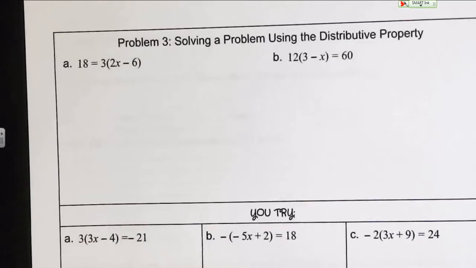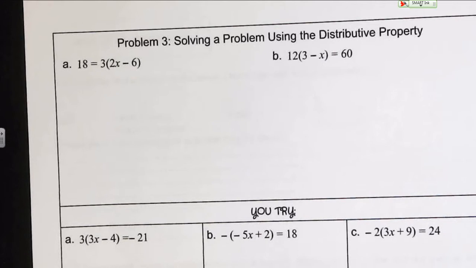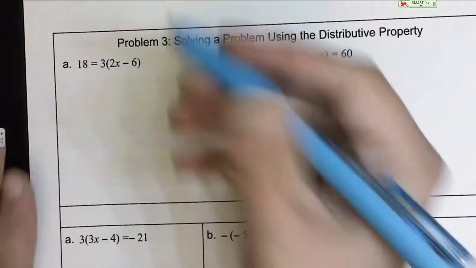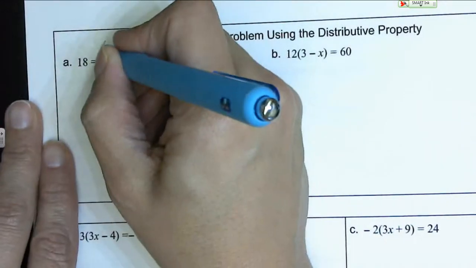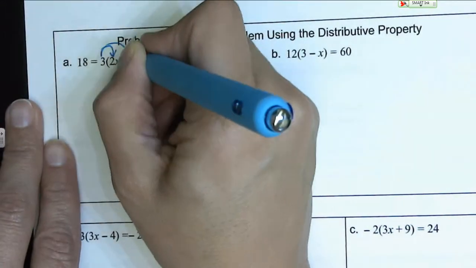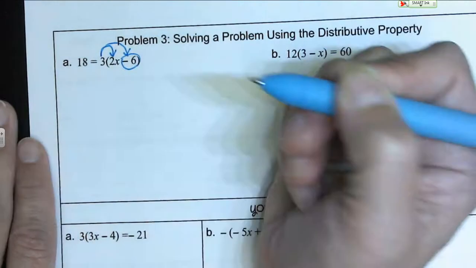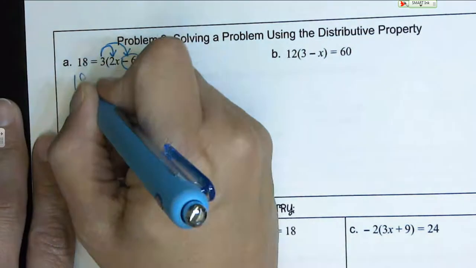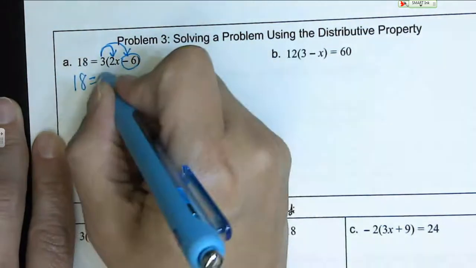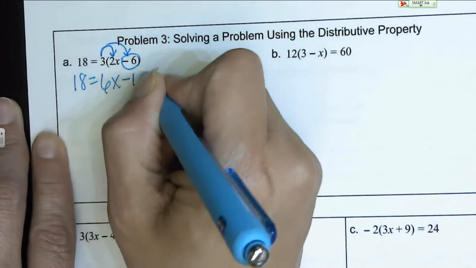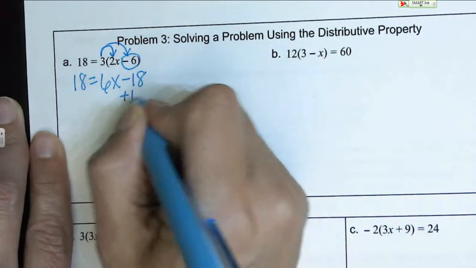So we have 18 equals 6x minus 18. Now we need to add 18 to both sides of the equation. 36 is equal to 6x. Divide both sides by 6. And x is equal to 6. So that's one way of doing things.